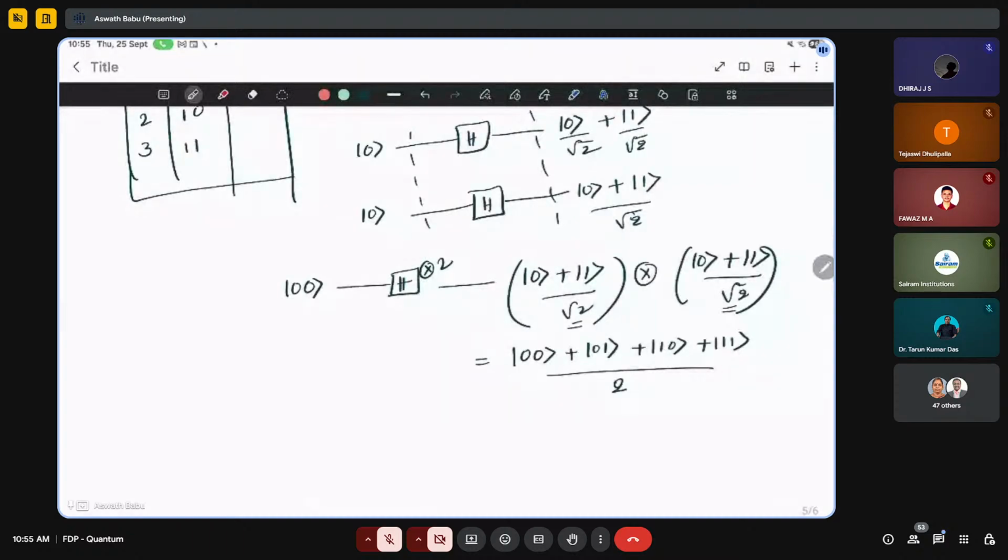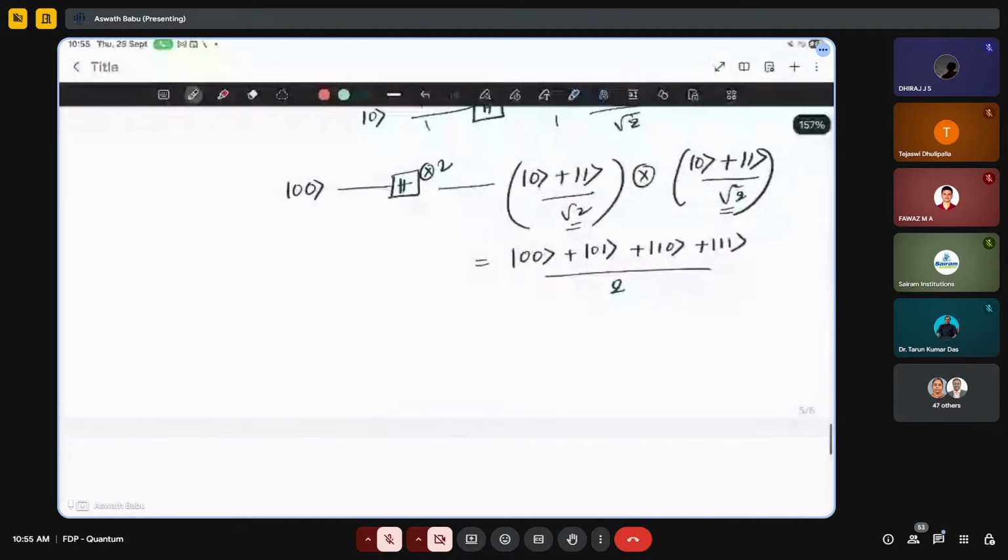So I created an equal superposition in a higher dimensional quantum system, like we saw earlier, with two quantum systems put together. Two quantum systems in superposition. Remember, very, very important: superpositions. When I put two superpositions together, I am going to generate new bases, like this.